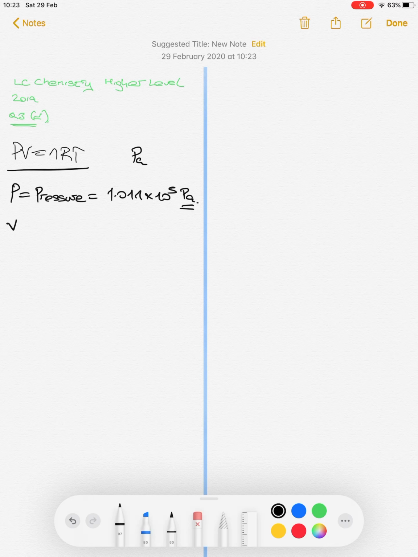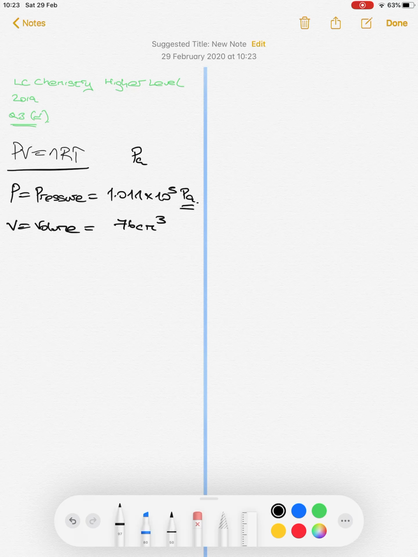V is volume, and the volume is the volume of the container that you're using. Now, in this particular circumstance, the volume of the container is 76 centimeters cubed. Now, the volume will nearly always be in centimeters cubed, because it's the most common unit used for volume in chemistry.